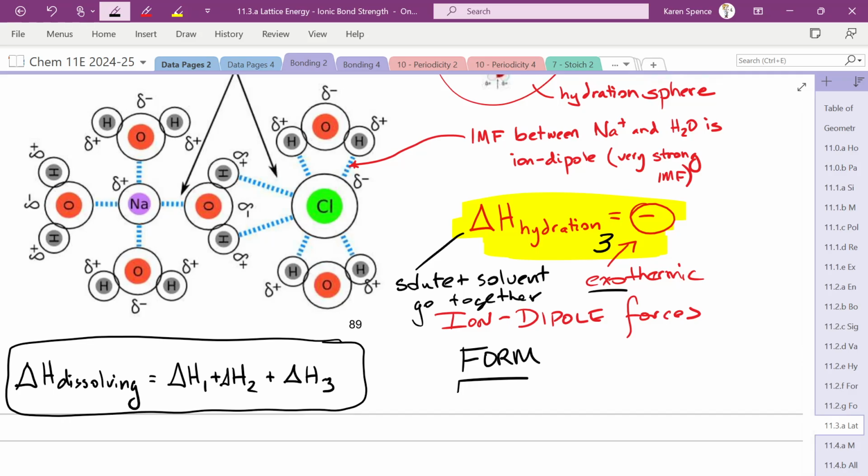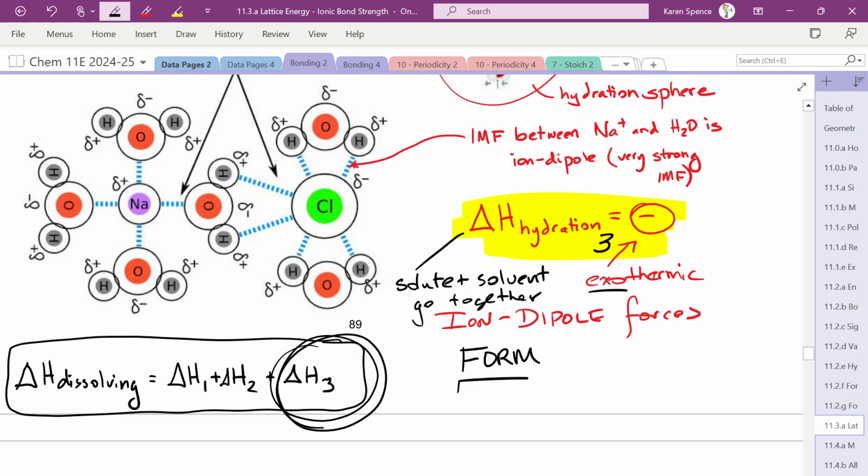Do things like to go to a higher energy or a lower energy? They like to go to a lower energy. So we need the negative one, the formation of the solute-solvent bonds, to be big enough to make the whole thing a little bit negative.